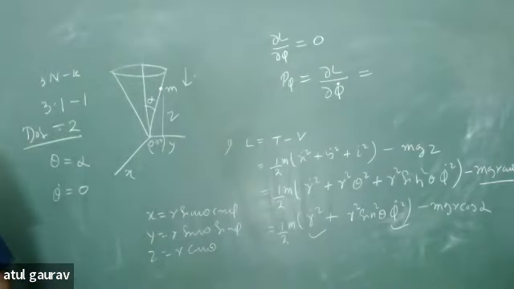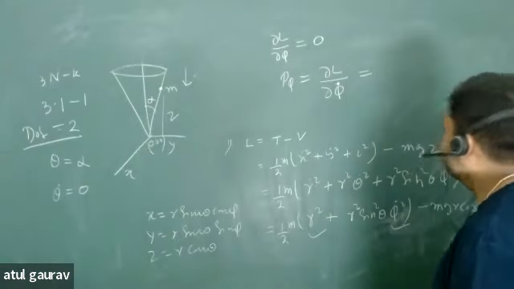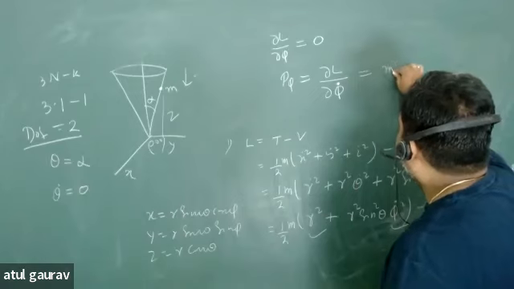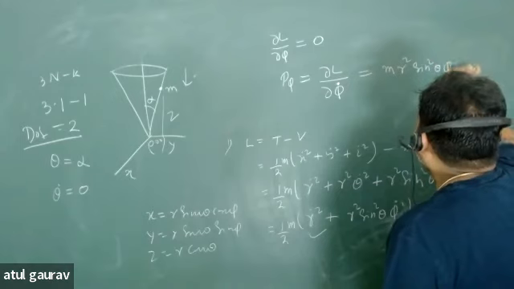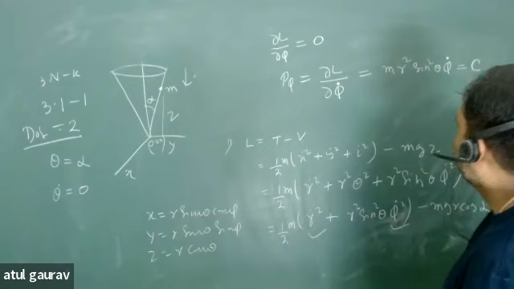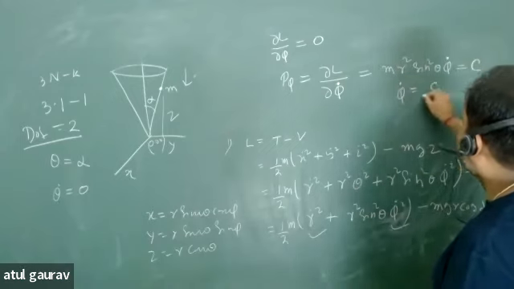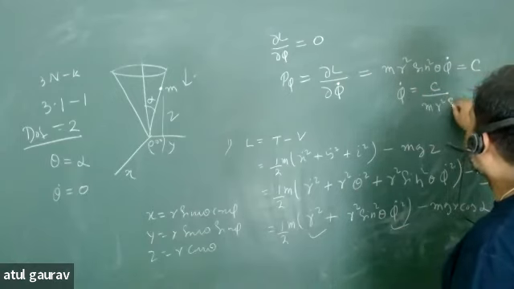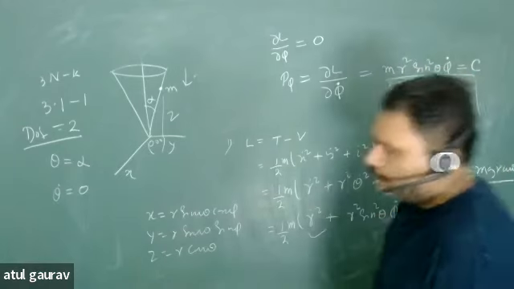Sir, 2 r squared sin squared theta phi dot. सोच लो, मार्क्स कट जाएंगे. Sir, m r squared, not 2, sir. हाँ, क्या हो जाएगा? m r square sin square theta phi dot, which is conserved, which is constant. Okay? So can I write phi dot is equal to c upon m r square sin square theta? खुश हो यहां तक? हाँ या ना?